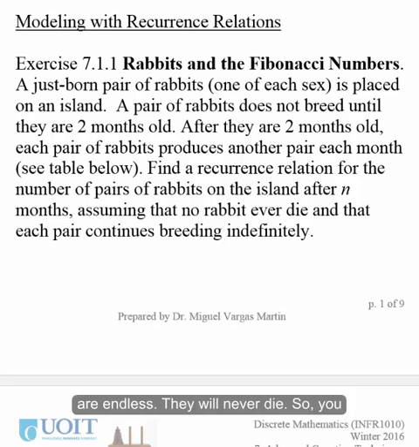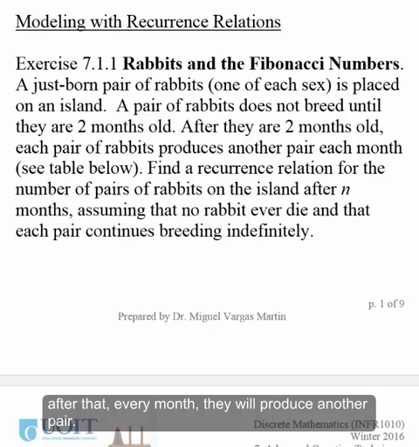They will never die. So you place a just-born pair of rabbits of opposite sexes on the island. The rabbits will not breed until they are 2 months old, and after that, every month they will produce another pair.